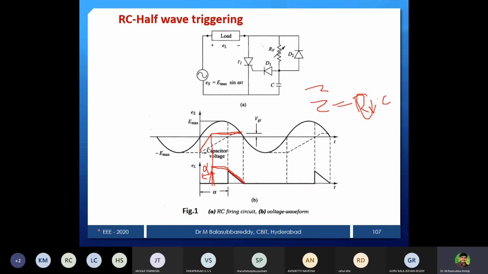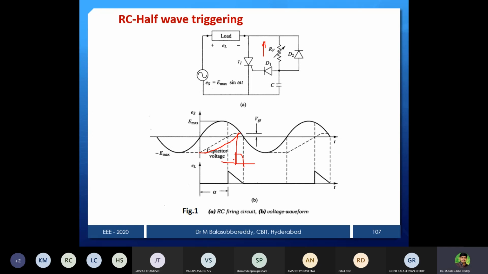Now, if I increase RV further, what will happen? It will take more time to reach VGT. From minus V maximum it gradually rises, and somewhere it will touch that VGT. Then this is your alpha. Now our output will be like this.